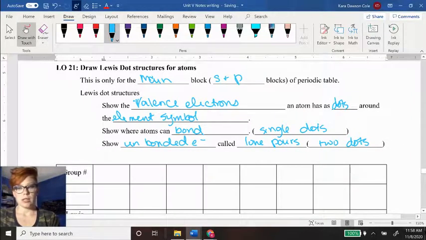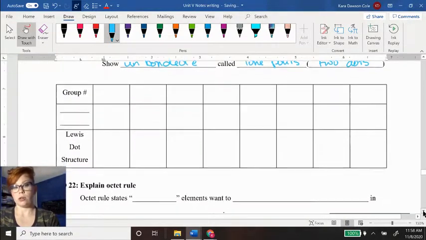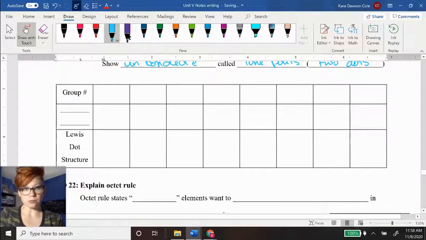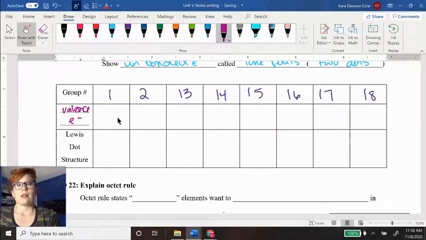Okay, so then let's look at this. I'm going to do groups 1, 2, and 13 through 18. From a previous chapter, we learned that the valence electrons correspond to the ones place on the group number.